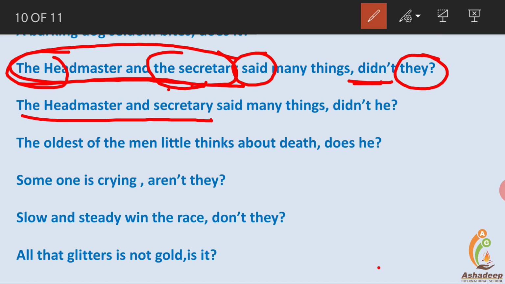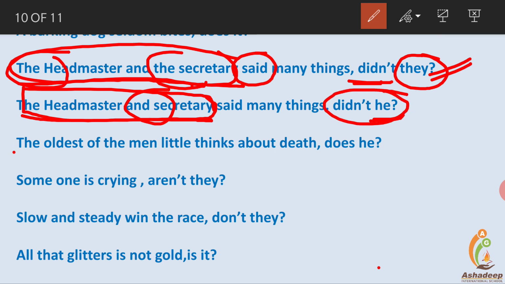But here, in the headmaster and secretary, no article the is used the second time. It means the headmaster has both designations. He is headmaster as well as secretary, so it's only one person. That's why he is used here, while they is used in the other sentence. The headmaster and secretary said many things. Didn't he? It's simple past tense.